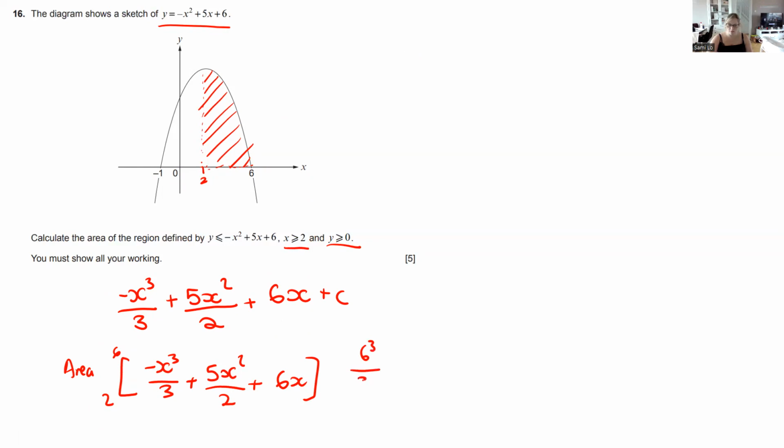So 6 cubed over 3, minus, remember, plus 5 brackets 6 squared over 2 plus 6 times 6. And then you're going to do that minus the other one, which is 2 cubed over 3 plus 5, 2 squared over 2 plus 6 times 2, like so.